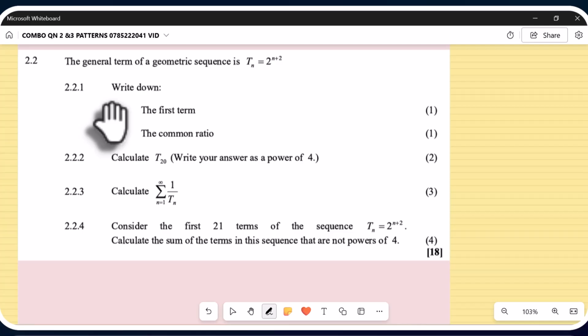Now, because we're looking for the sum to infinity, the sum to infinity is given by A over 1 minus common ratio. Our A is the first term, 1 over 2 power 3, so 1 over 8, divided by 1 minus a half.